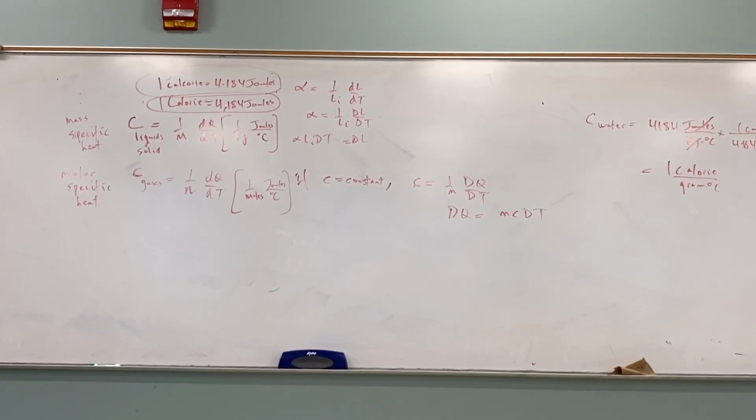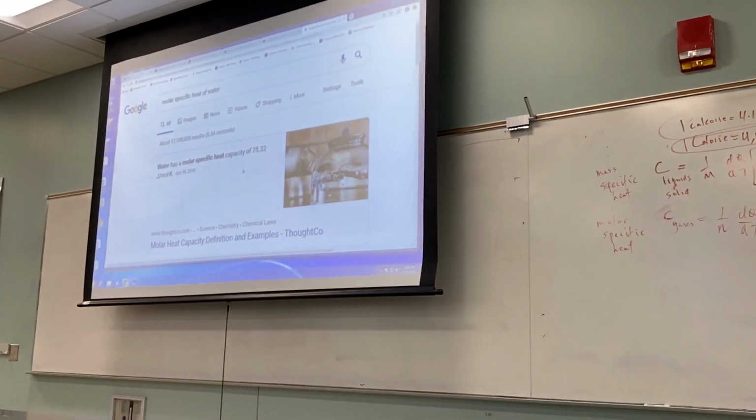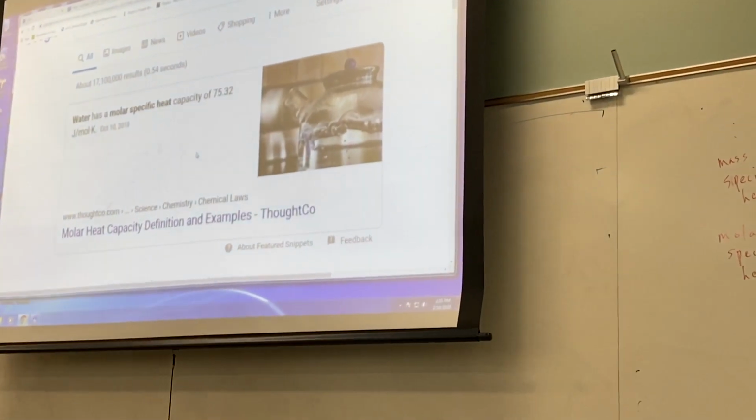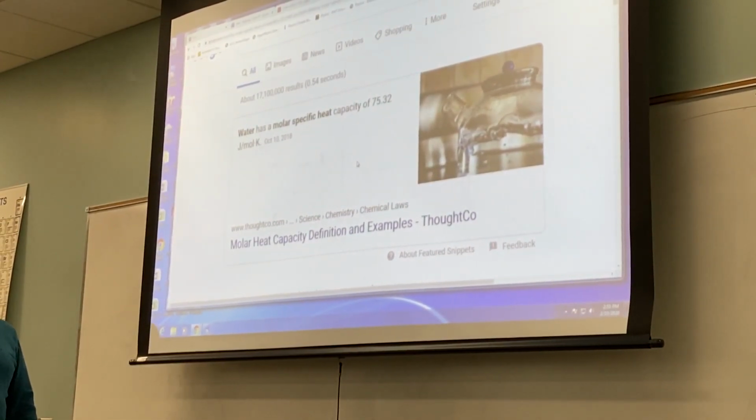We could also find that. It's very rarely done, but nothing prevents you from doing that. Have you ever done that in your chemistry class? It tells us that it's 75.32 joules per mole per Kelvin.